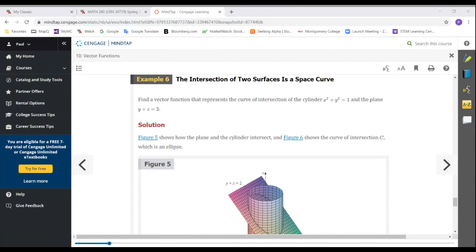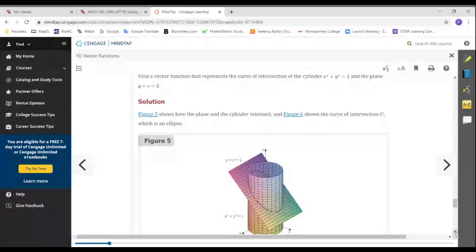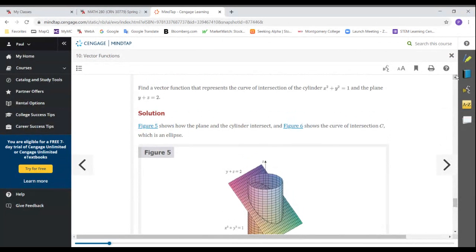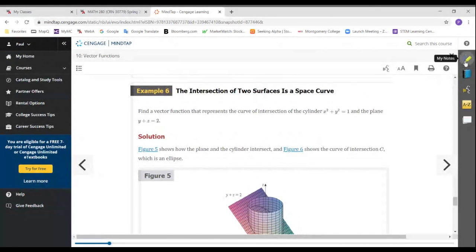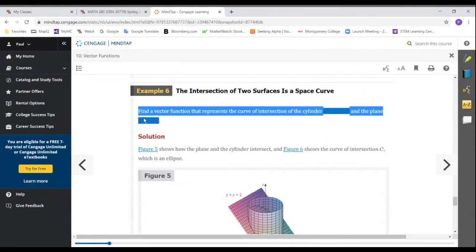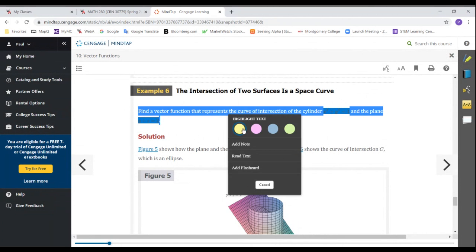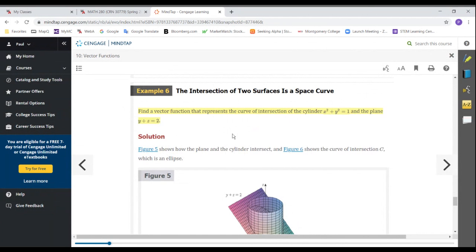Okay, so in this problem, example 6, the problem says find a vector function that represents the curve of intersection of a cylinder and the plane y plus z equals 2.